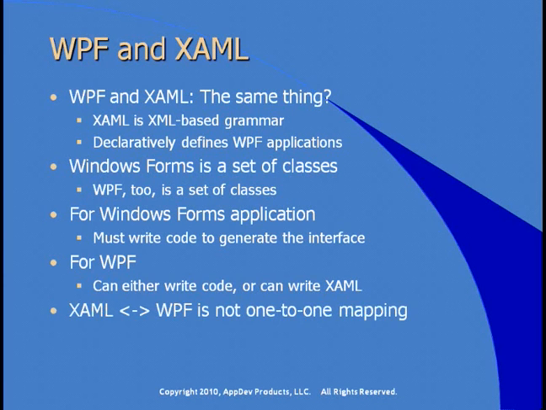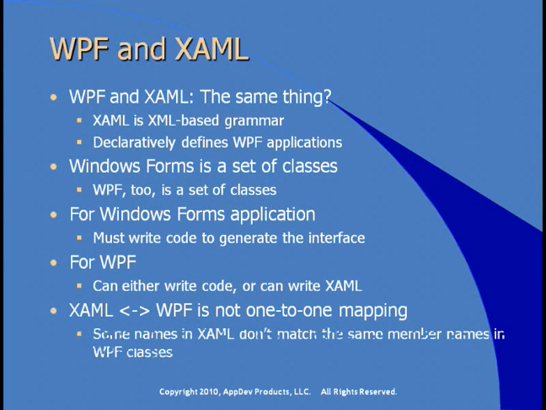It's important to note that XAML and WPF is not a one-to-one mapping. Although there are many classes in WPF that have the same name as the corresponding elements within the XAML markup, there's no rule that says that has to happen. Some names in XAML don't exactly match the same or corresponding member names in WPF classes.